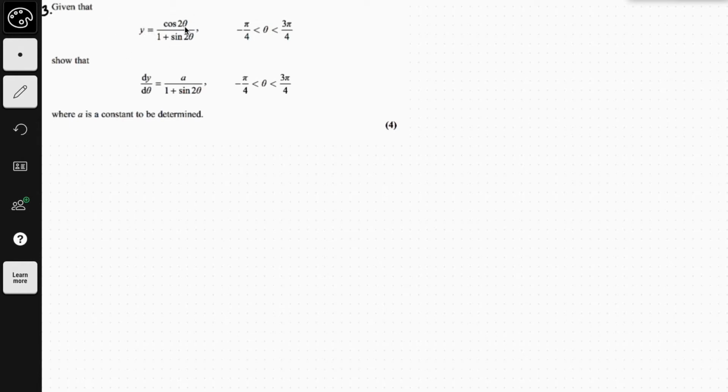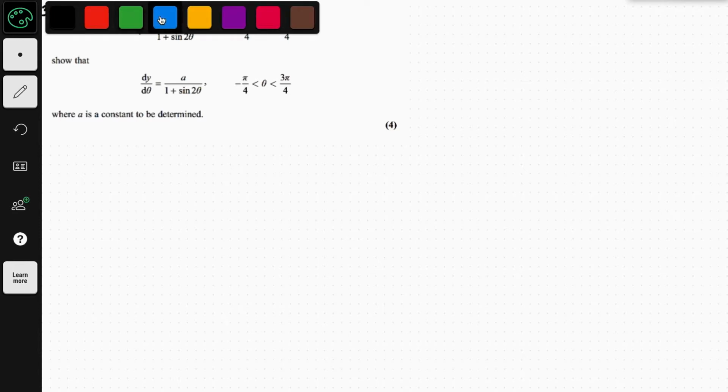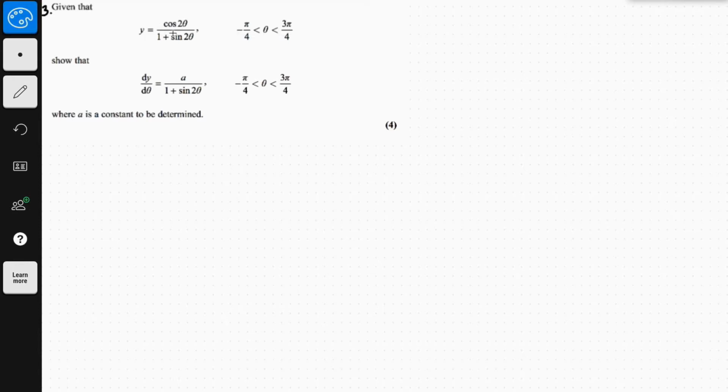Now straight away, looking at the question, I know that we have to use the quotient rule because we have two functions of theta at the top and bottom of the fraction.